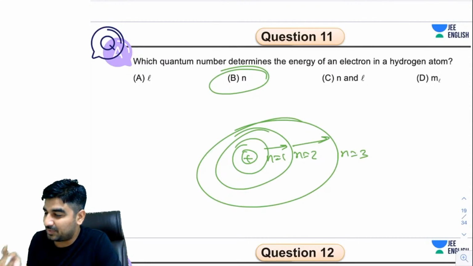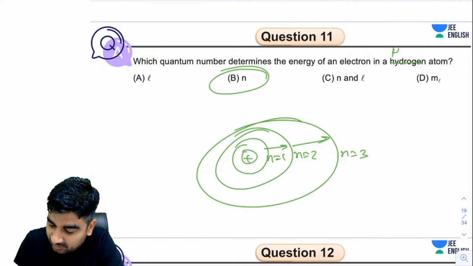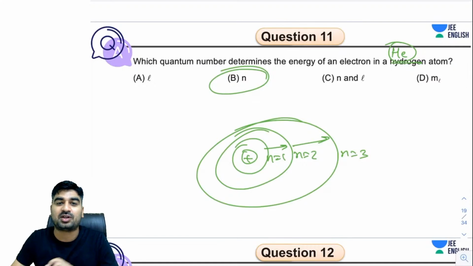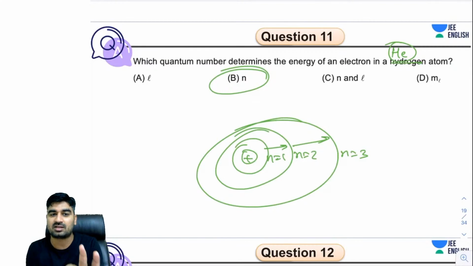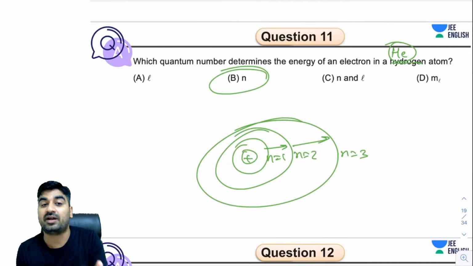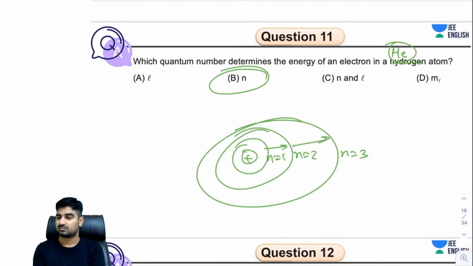Okay, let me check. If instead of hydrogen I write helium, how would you determine energy? With the help of what? What would be the answer? Now the answer is B. But if instead of hydrogen I would have given helium, tell me.